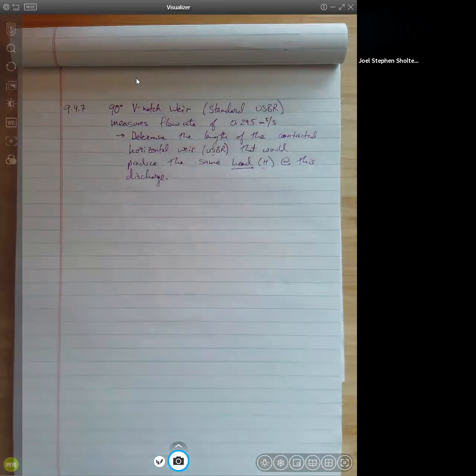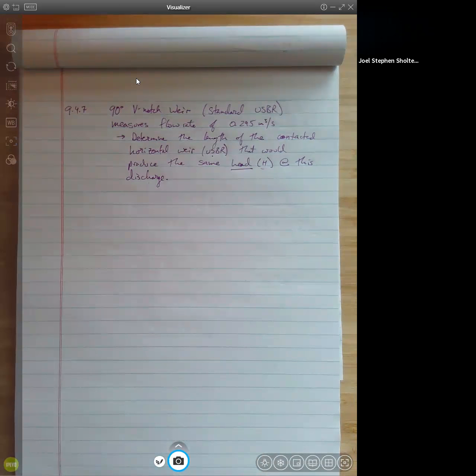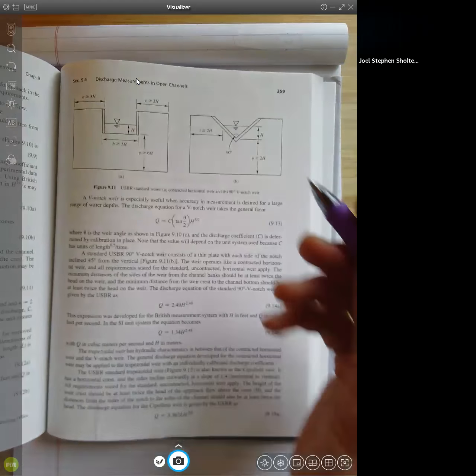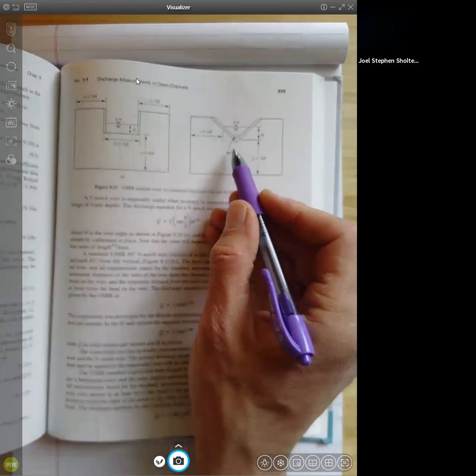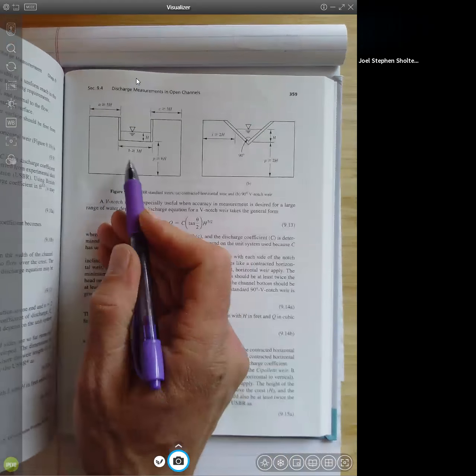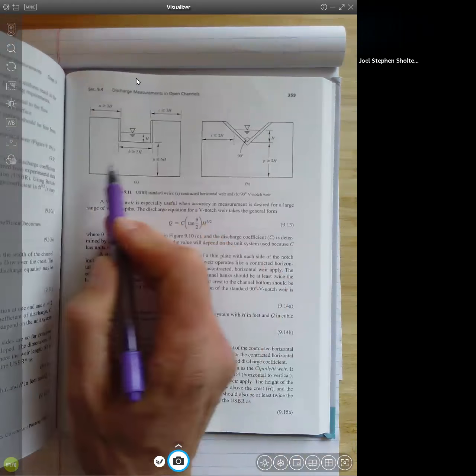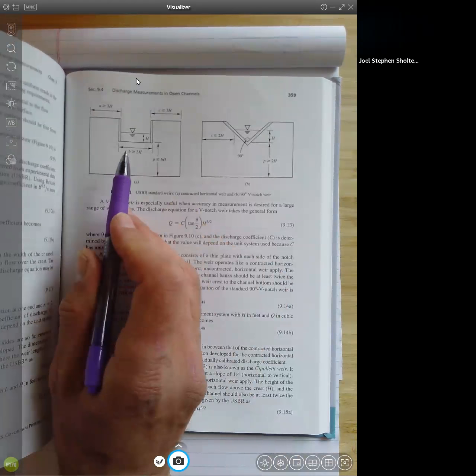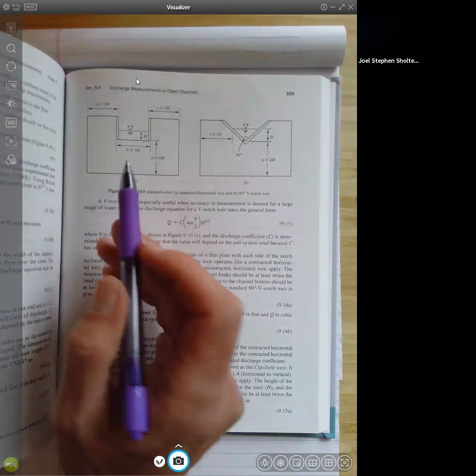Let's take a look at these weirs, just so we know what we're talking about. Here we have our 90-degree V-notch weir, standard USBR, given these kinds of specifications. And here we have a contracted horizontal weir. Again, standard USBR has to follow these dimensions.